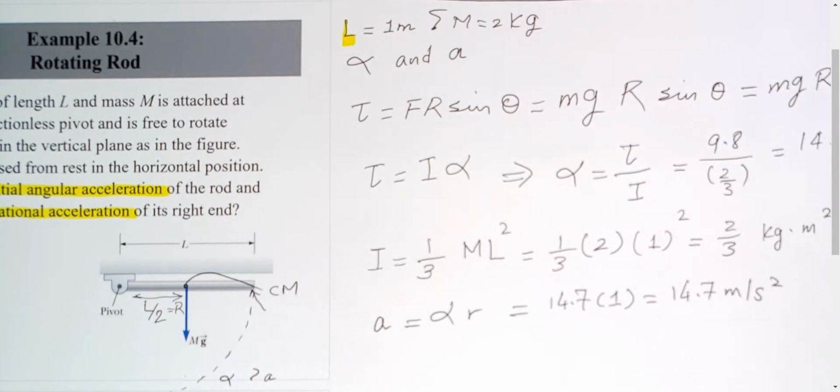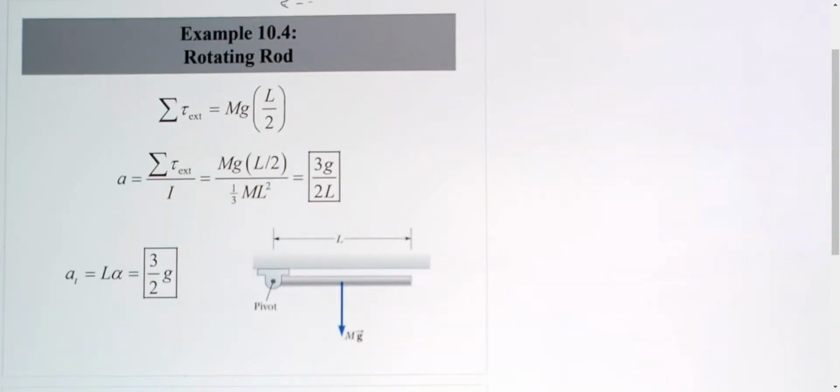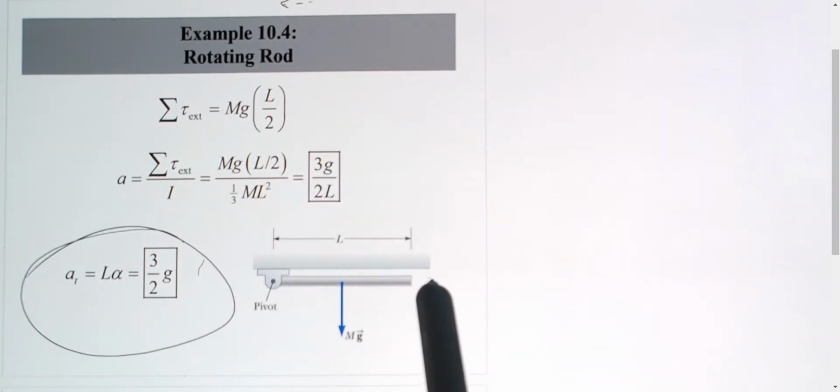Moment of inertia has nothing to do with the center of mass. Moment of inertia is related to the shape of the object, not the center of mass. Here is the book. He gave you this equation for this specific object.